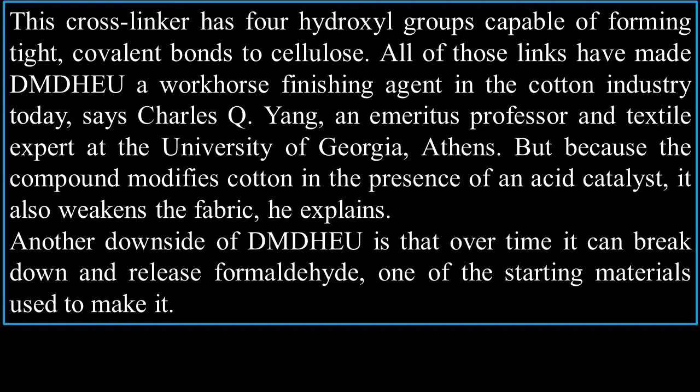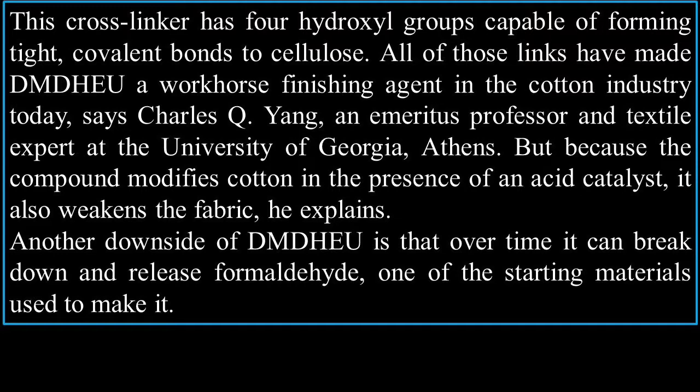But because the compound modifies cotton in the presence of an acid catalyst, it also weakens the fabric, he explains. Another downside of DMDHEU is that over time it can break down and release formaldehyde, one of the starting materials used to make it. Again, we're back full circle to formaldehyde.